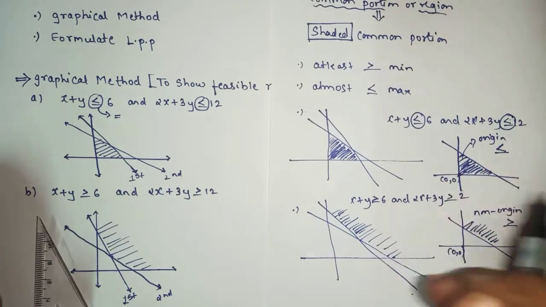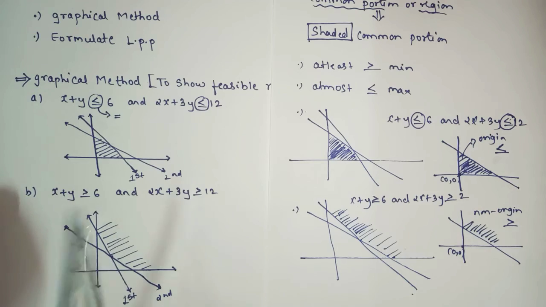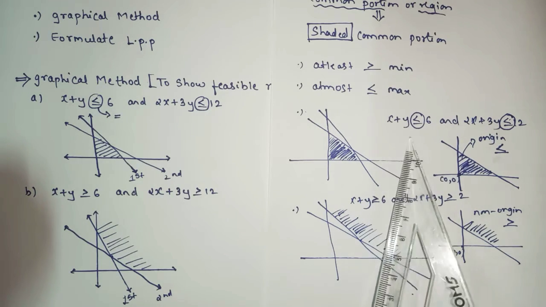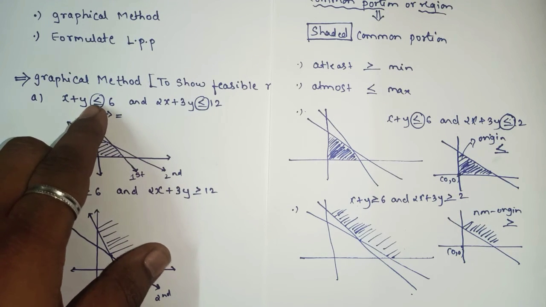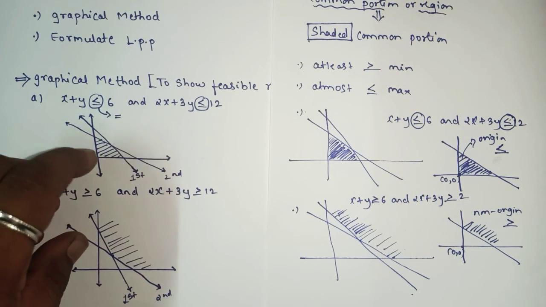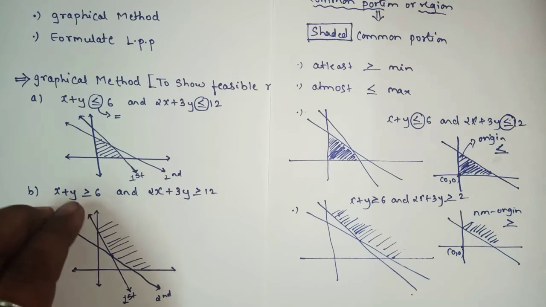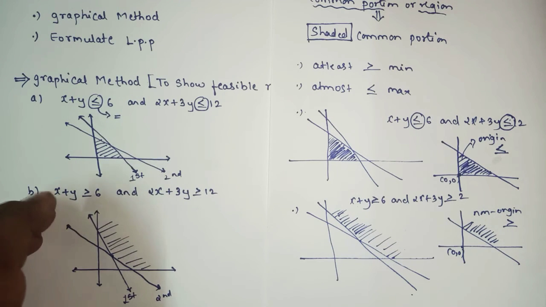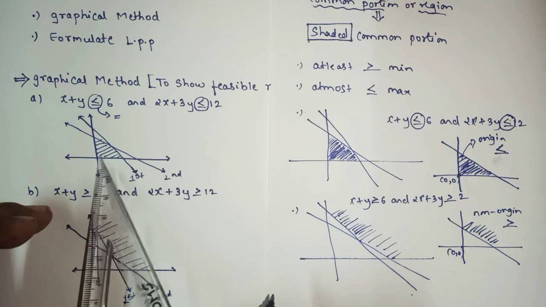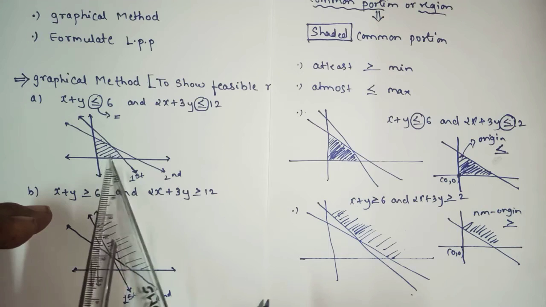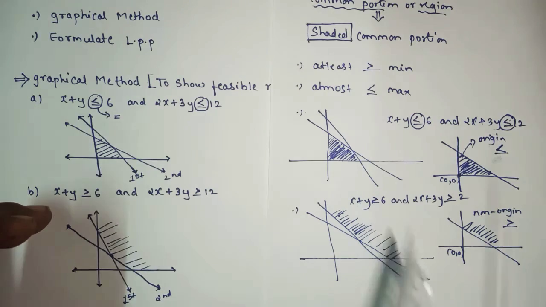So that's why I told you to remember this trick. Whenever we have more than two equations, if they contain less than or equal to, always and always the shaded region will be inside, and when they contain greater than or equal to, the shaded region will be outside. This is known as the non-origin side, as it is not touching the origin, and this is known as the origin side, as the shaded region is touching the origin.